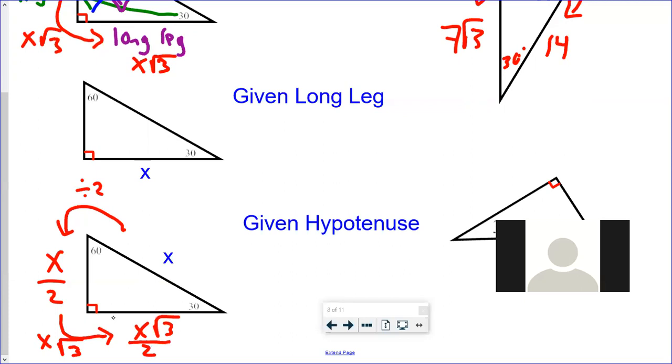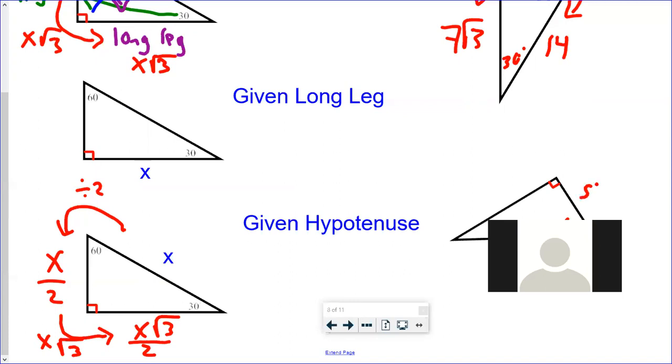So let's just do this one. So if you look at this triangle right here, again, this is a 30, 60, 90. And it actually helps me if I label and say, okay, this is the short leg, this is the long leg, and this is the hypotenuse. That way I make sure I don't mix up what I'm doing here, okay?